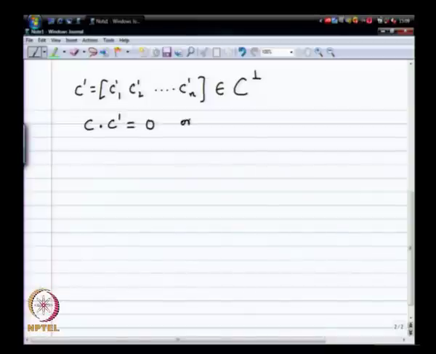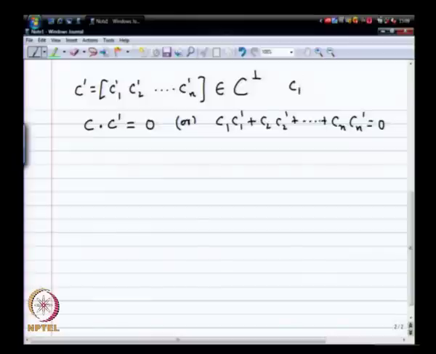That is, C1 C1 prime plus C2 C2 prime plus so on till Cn Cn prime is 0. Now remember I said C1 prime has to be equal to 1.